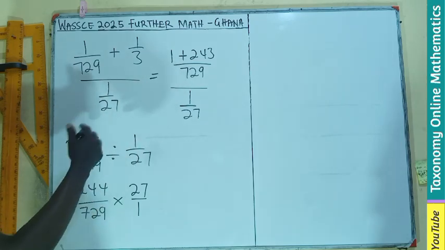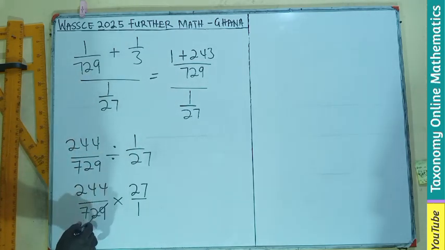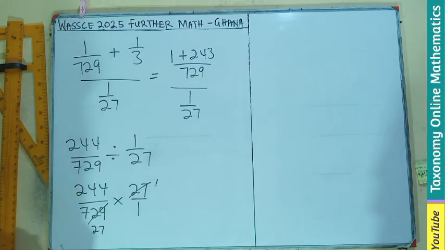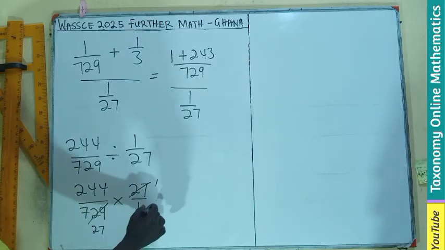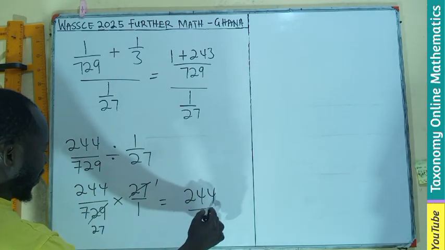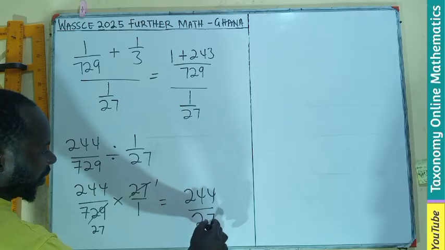If you check from the beginning how we expanded it, this will go here 3 exponent 3, and this is 3 exponent 3, giving 3 exponent 6. So 27 cancels, and I'm left with only 244 divided by 27.